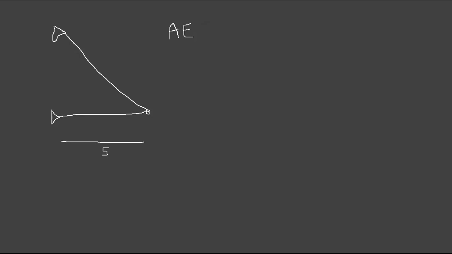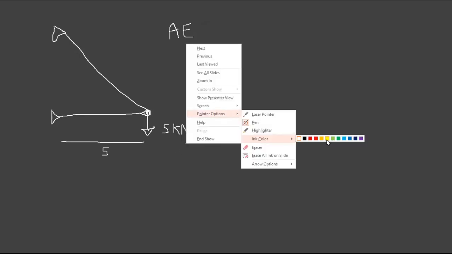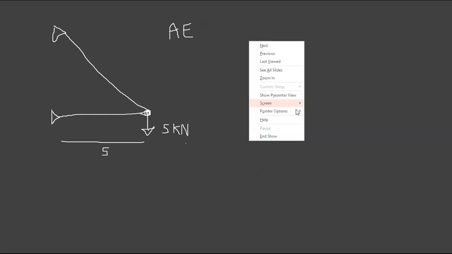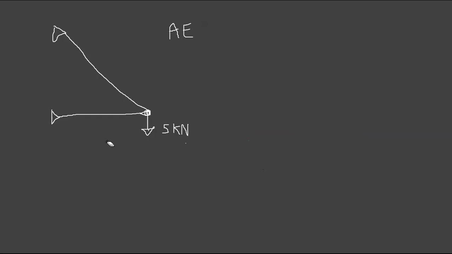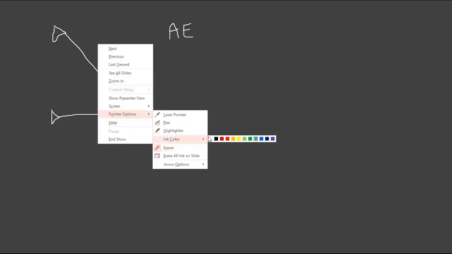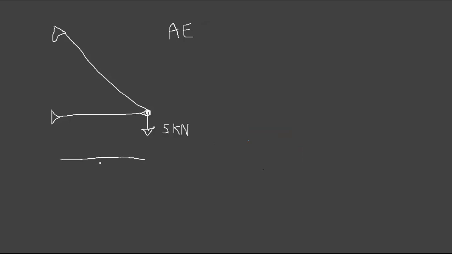Imagine you have a 5 kilonewton load, and let's say this length is L. Then this length is going to be L into 45, the angle between these two. So this length is L into root 2, right?